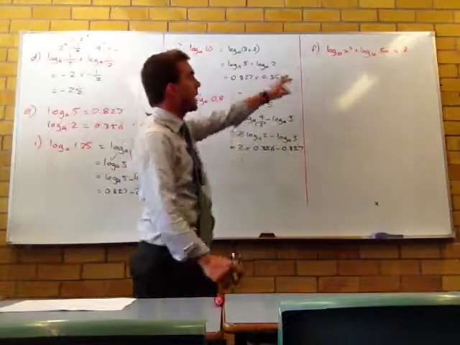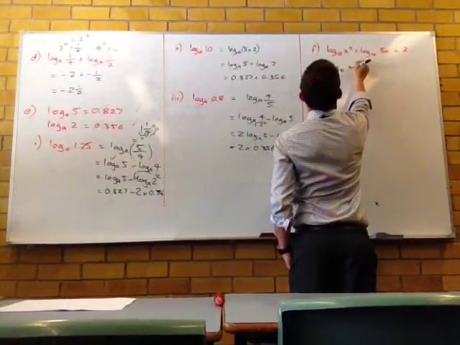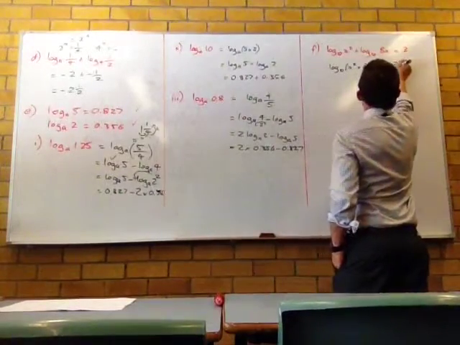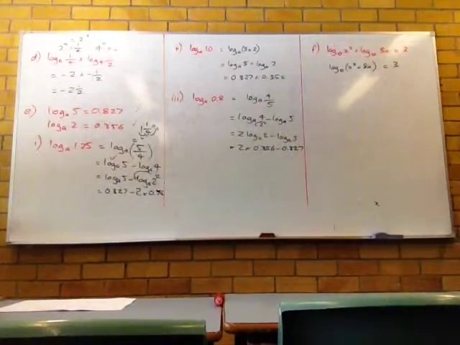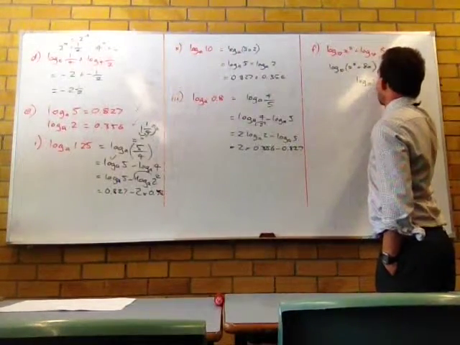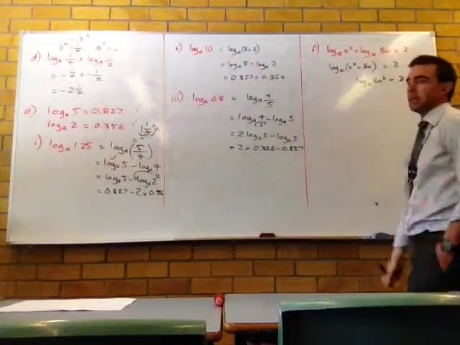Good. Okay, so we're adding logs of the same base. So log base 10 of x squared times 8x is equal to 3. So log base 10 of 8x cubed is equal to 3.